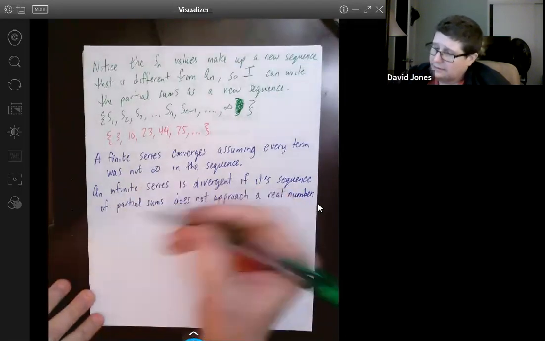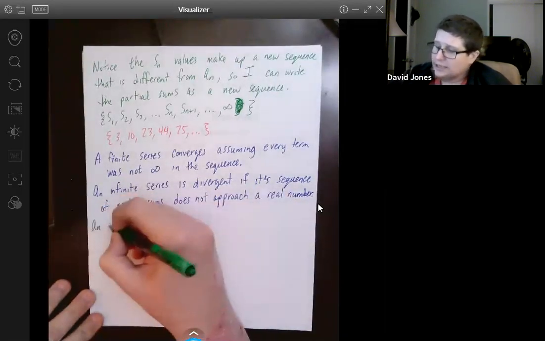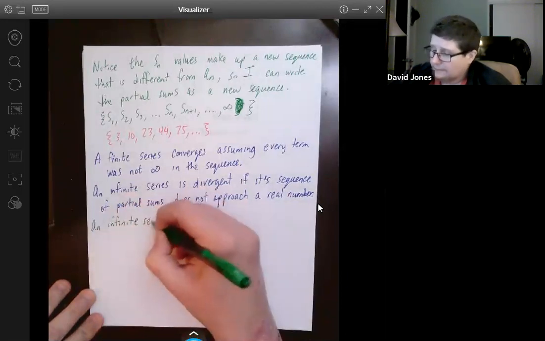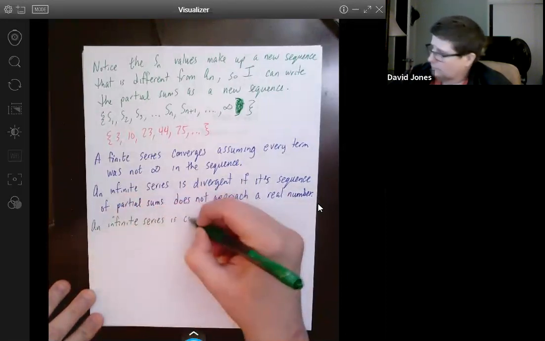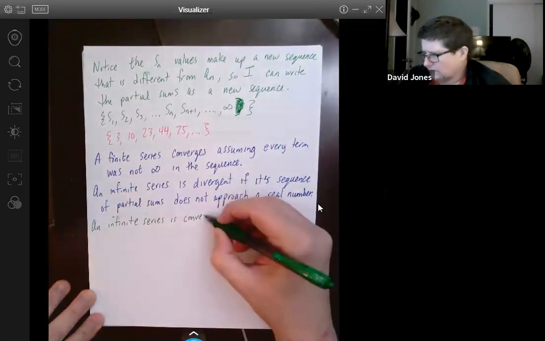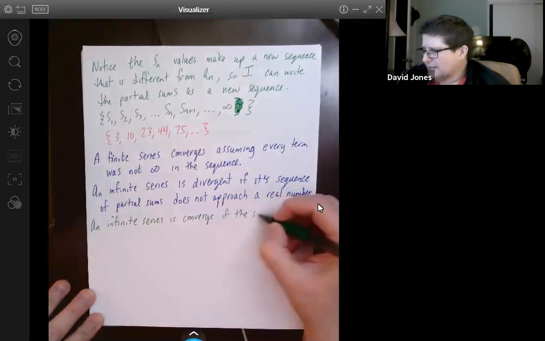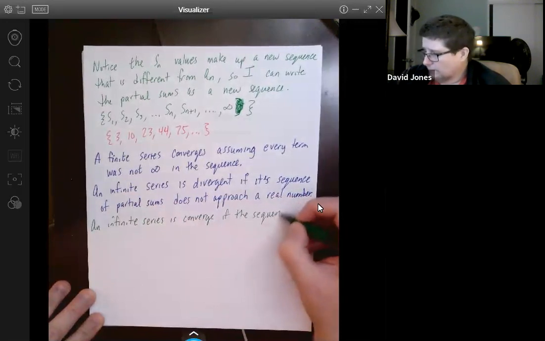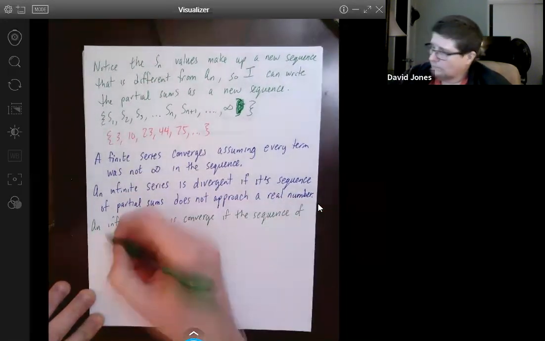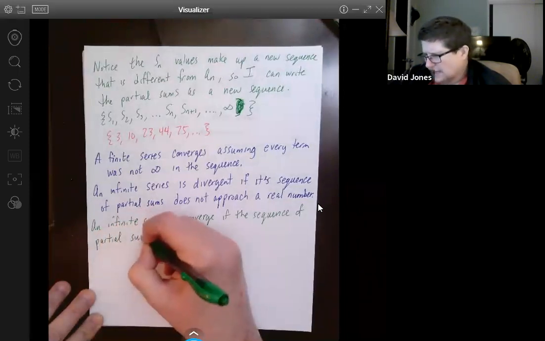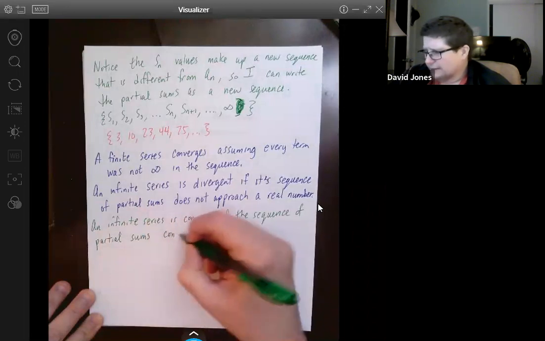An infinite series is convergent, of course, if it does the opposite. If the sequence of partial sums does approach a real number. Converges on a real number.